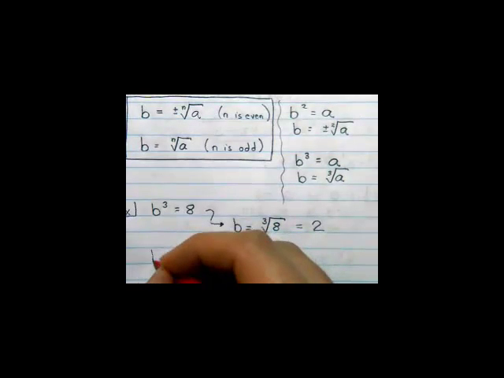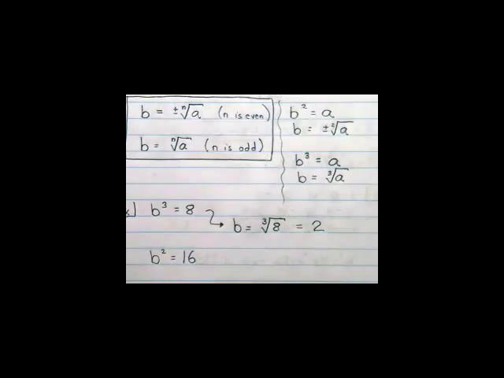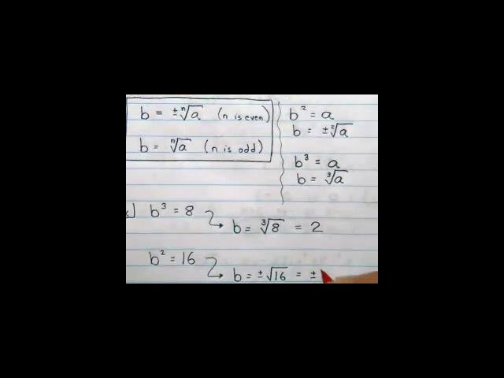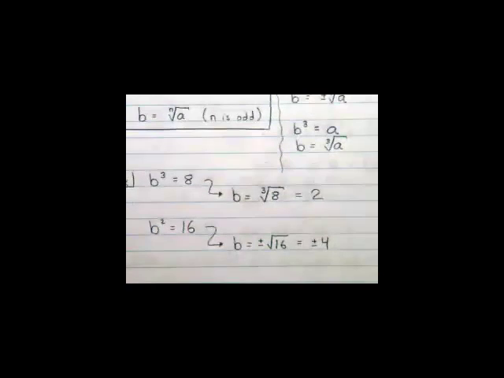However, if the thing happened to be an even, like let's say b squared equals 16, then that would be b equals plus or minus the square root of 16, which is plus or minus 4. Now think about that for a second.